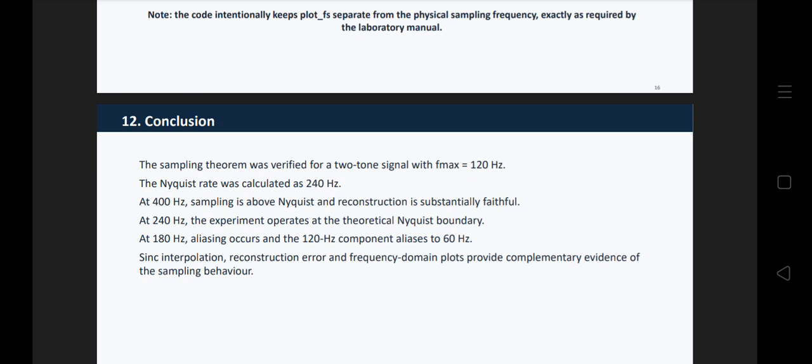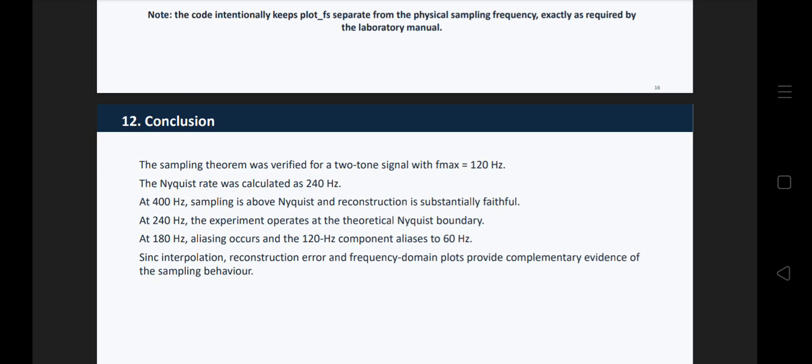To conclude, the sampling theorem was verified using a two-tone signal whose maximum frequency is 120 Hz. The Nyquist rate was found to be 240 Hz. At 400 Hz, the sampling is above Nyquist and reconstruction is substantially faithful.